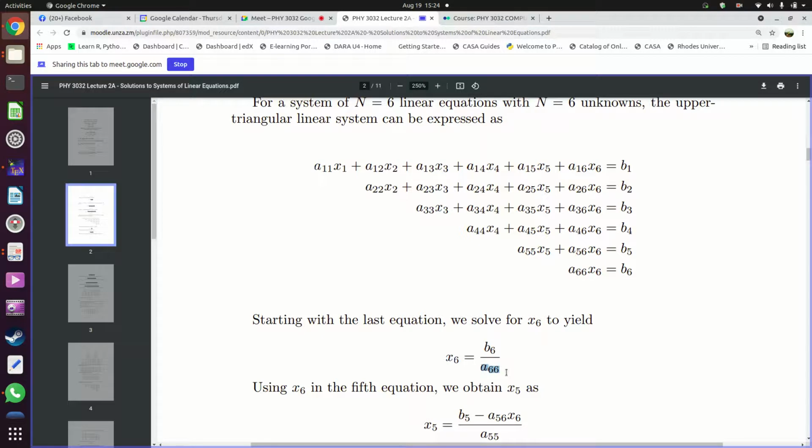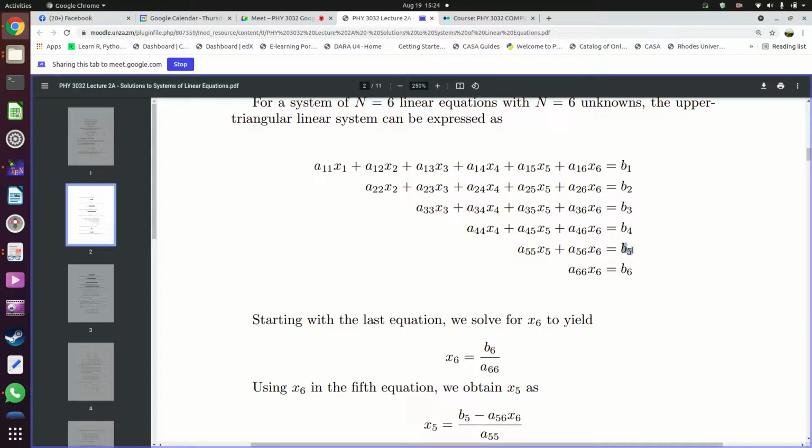So you start from the bottom, then you start going up. The value of x6, which you have found, that's what you're going to use here. Then when you use it here, you are going to work out x5. So when you're working out x5, this bit, you take it to the other side.